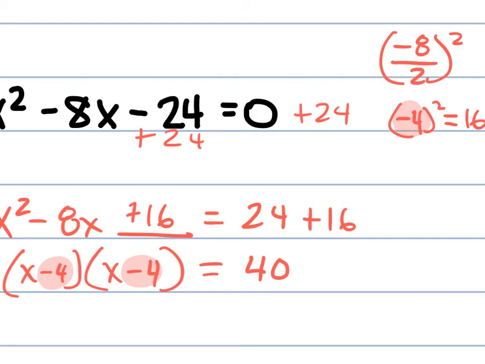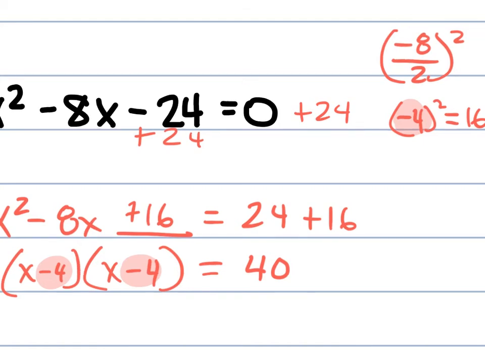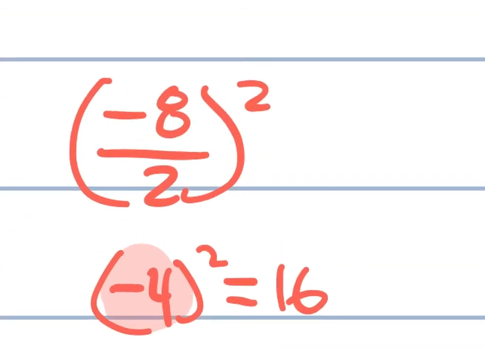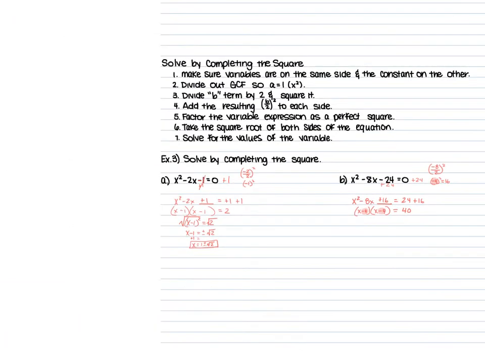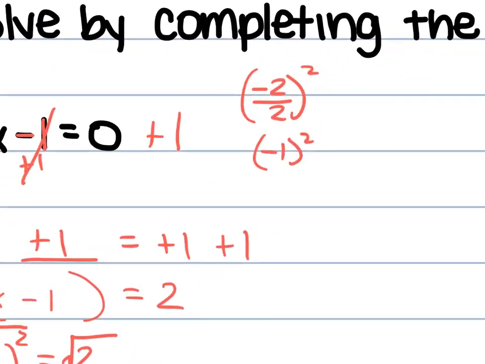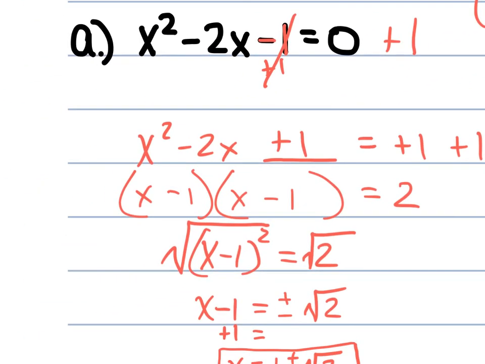When you take half of that number before you square it, that's the number that's going to be there. Remember when we took negative 8 divided by 2 and we got negative 4? It's x minus 4, x minus 4. Come back here. Remember how we took negative 2 and divided by 2 and we got negative 1? Let's see if it works again on the next one.